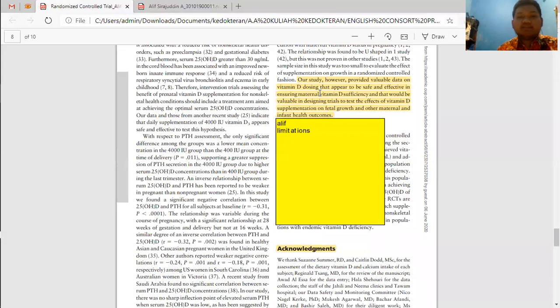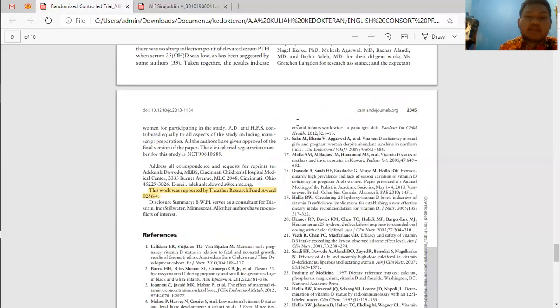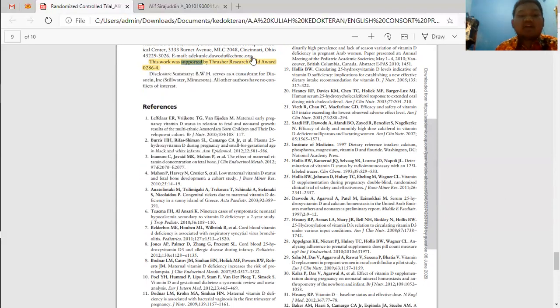Okay, it's a limitation. You know what I mean about limitation? Item number 20 is trial limitations, addressing sources of potential bias, imprecision, and if relevant, multiplicity of analyses. And then it's the acknowledgment. This work was supported by, what the meaning of support is, is part of the last part, other information.